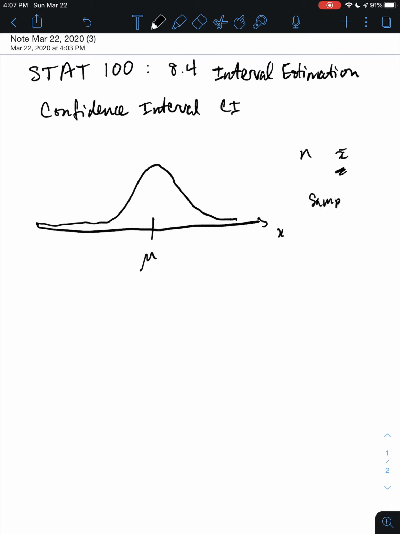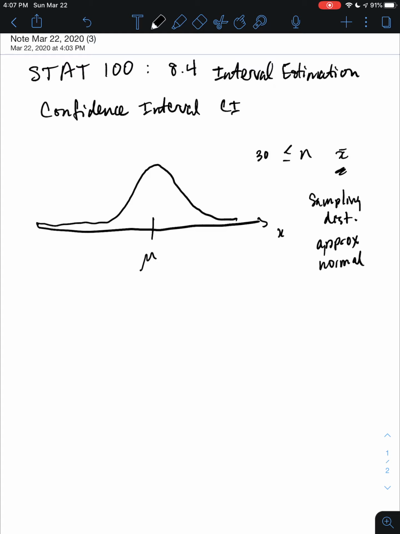So the sampling distribution is approximately normal. By the way, we are, of course, assuming that n is at least 30, so a large sample.